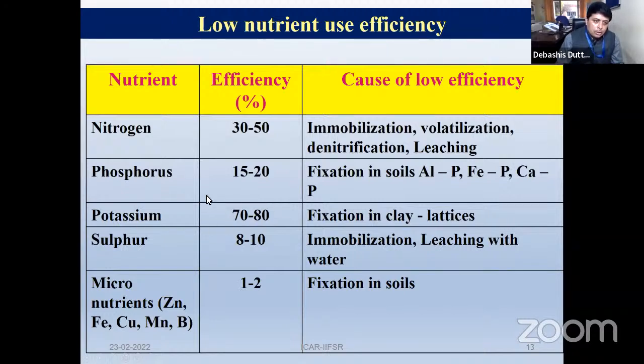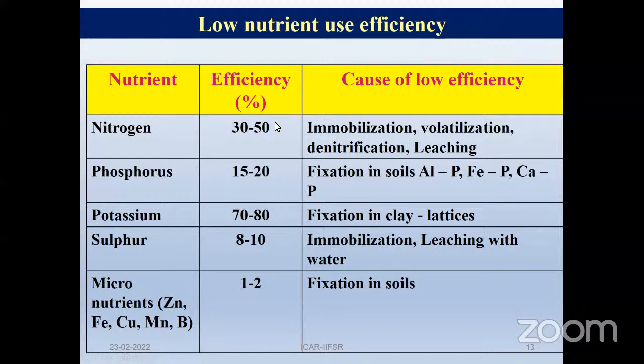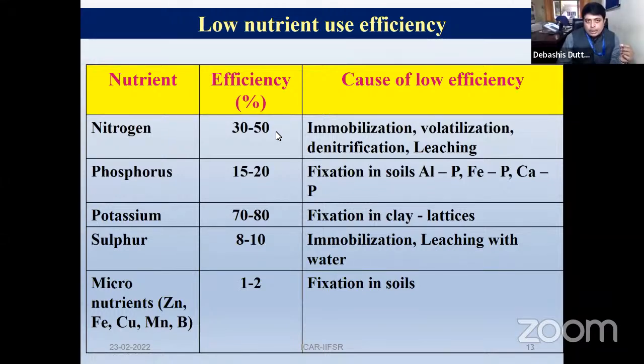As compared to potassium, the nitrogen and phosphorus use efficiency is very low, and that's why we have to calculate the nutrient requirement by considering the use efficiency of nitrogen and phosphorus in the soils.